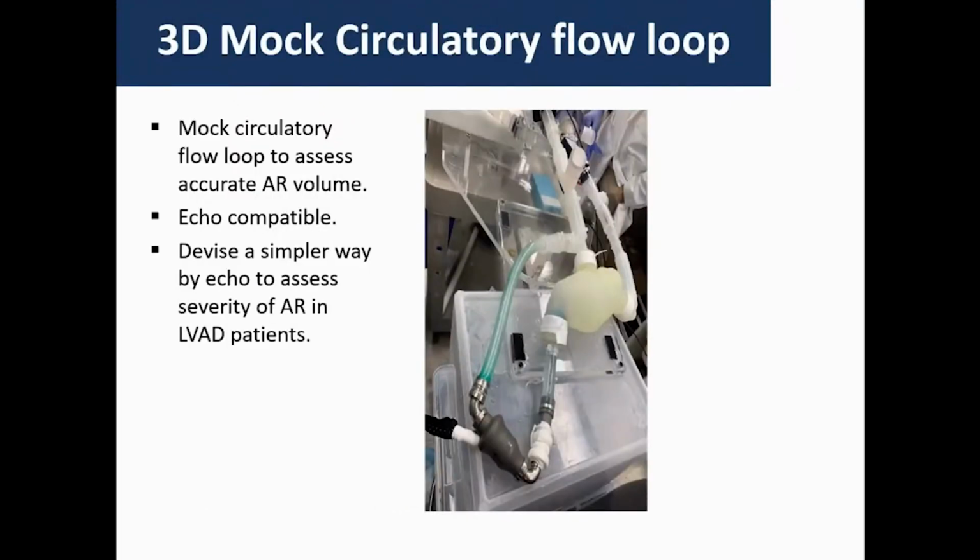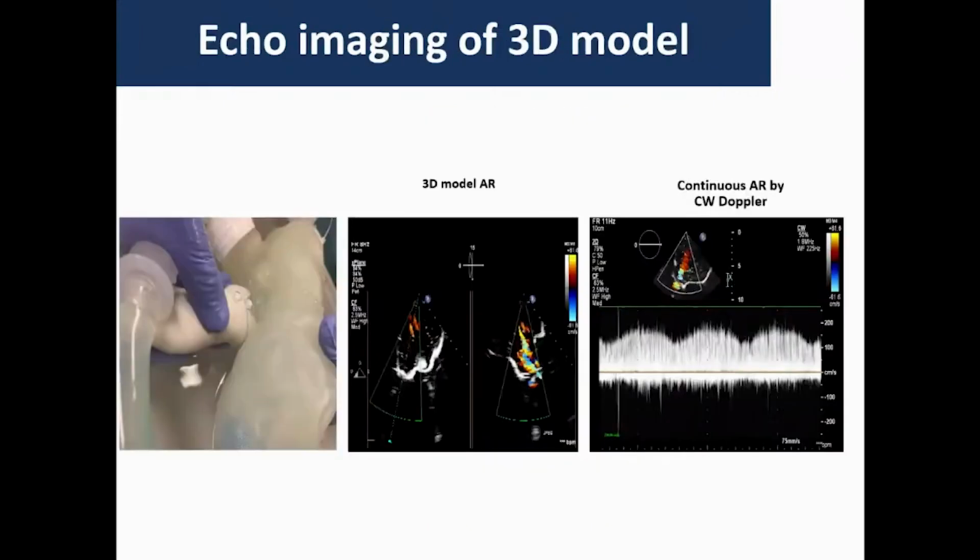In our effort to understand aortic regurgitation better, we did a mock circulatory flow loop, which was echo compatible, using a patient who had a HeartMate 2 with 3D patient-specific anatomy. In this mock model, we were able to replicate some of the aortic regurgitation that the patient had.